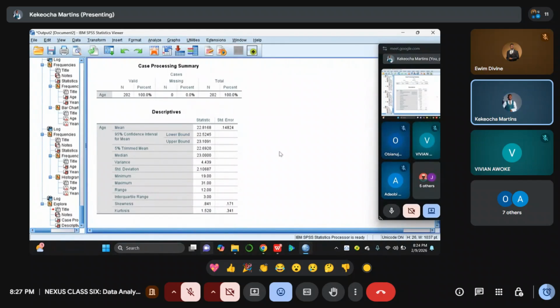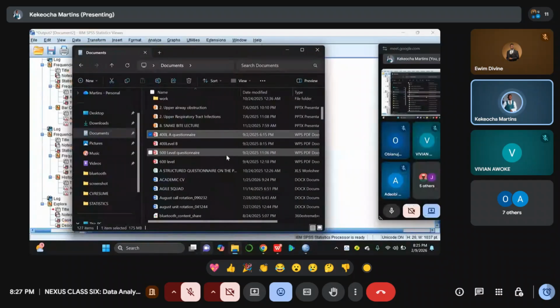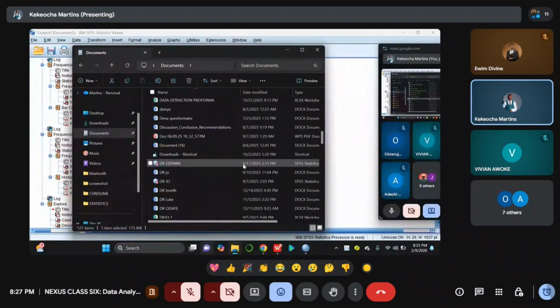Then going over to our hypothesis testing, we started with one sample t-test. Now, in our one sample t-test, let me know if I can pull up this slide.